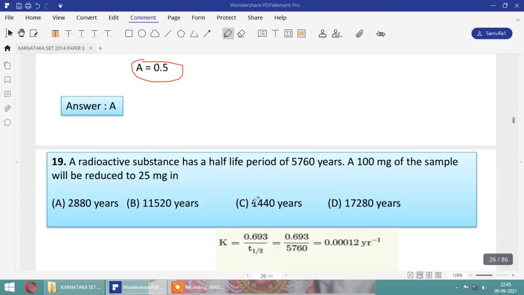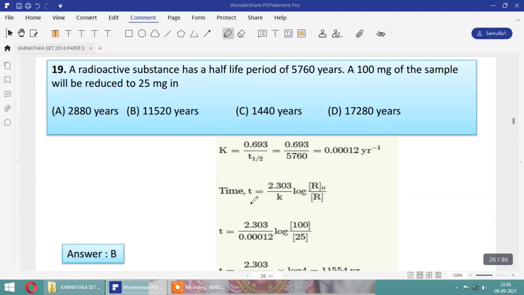Question number 19. A radioactive substance has a half-life period of 5760 years. 100 milligram of the sample was reduced to 25 milligram in how many years. You have to calculate K equal to 0.693 divided by t half. It's a formula, and t half was given as 5760 years.